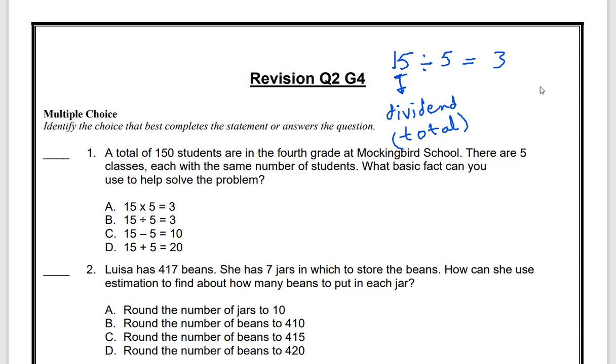And 5 here is the divisor, and it is the number of groups, how many groups. And the 3 here is the quotient or the solution, and it's the number inside each group.